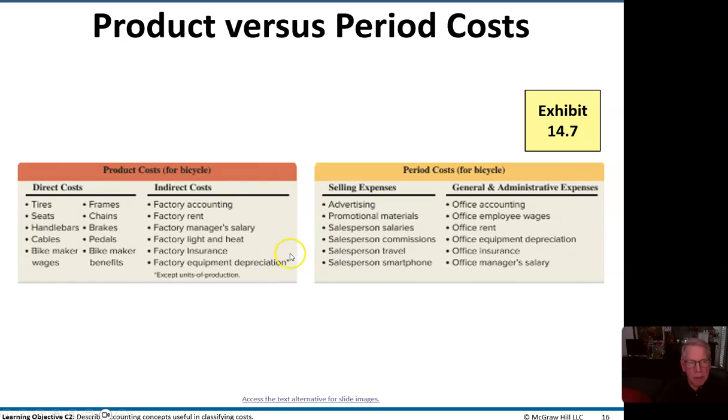The general and administrative expenses would include our office accounting, distinguished from factory accounting, and office employee wages, office rent, office equipment, depreciation, office insurance, and of course, our office managers' salaries. So those are the distinctions between product and period costs.